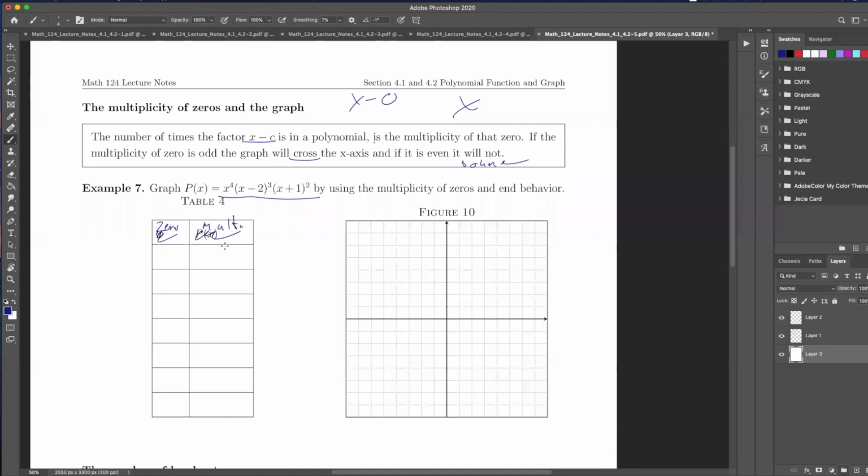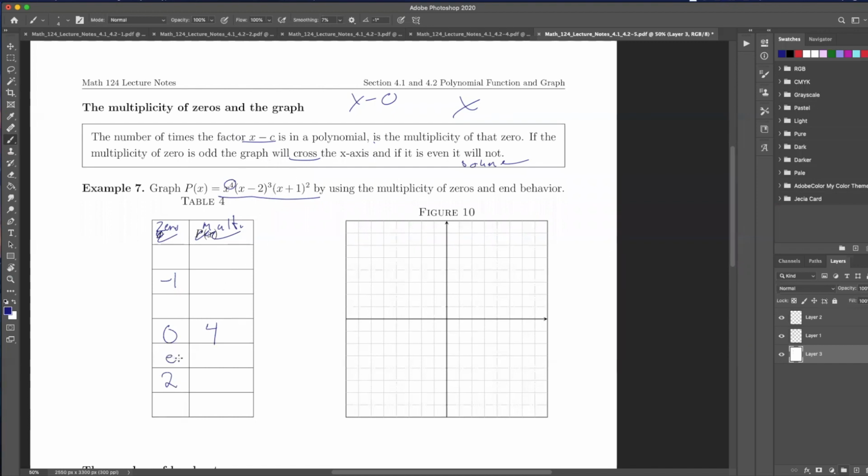Okay, so my zeros in this case are, let me do them in order, so I'll have -1, 0, and then I'll have +2. Now, how many times do I have the 0? Well, I have it 4 times, right? So that's multiplicity of 4. So we're not doing the graph, we're doing multiplicity of that.